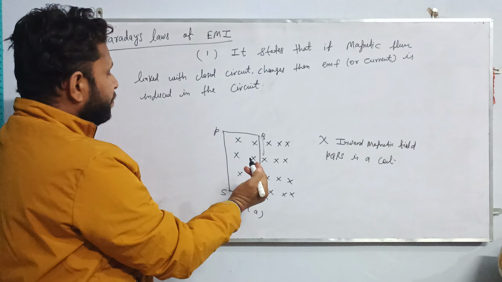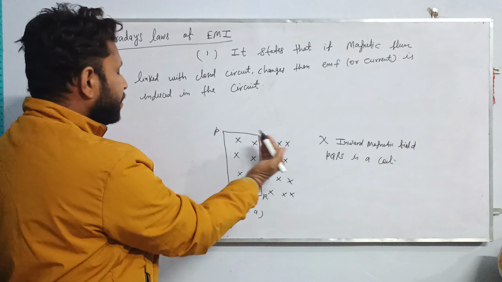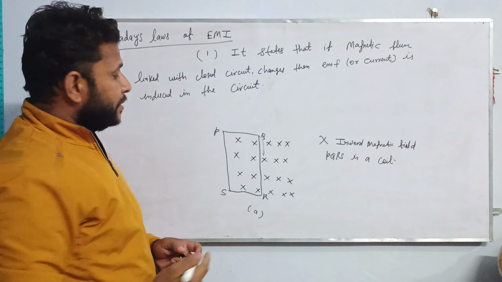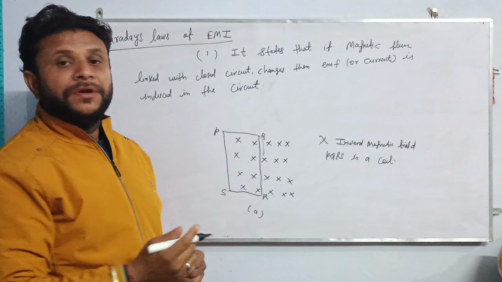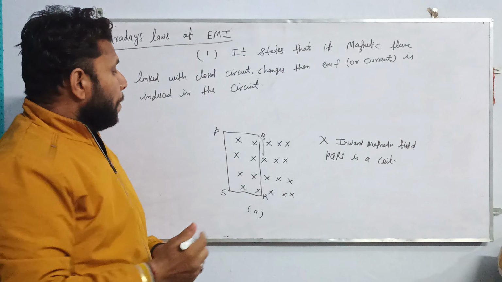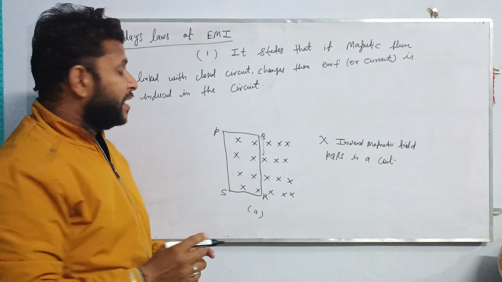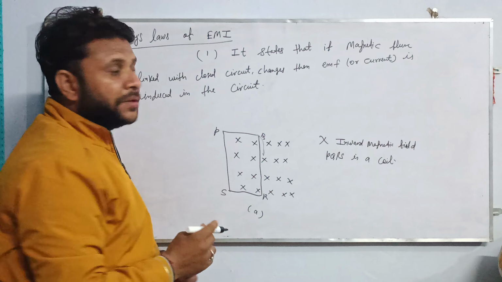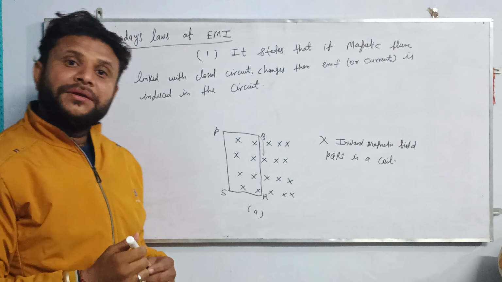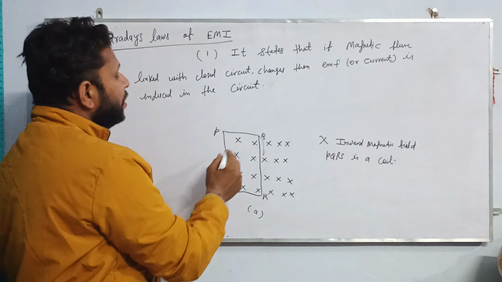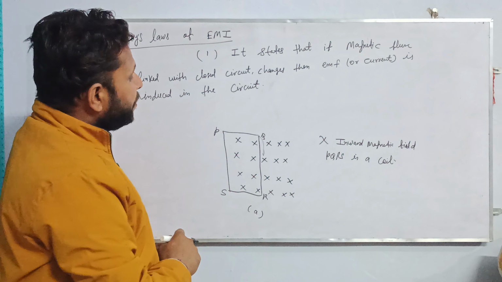Students, when we draw the PQRS coil towards the left side or towards the right side, the area will increase or decrease. So the number of magnetic field lines covered by the PQRS coil will change, so the magnetic flux will change. So in this coil, EMF or current is produced.